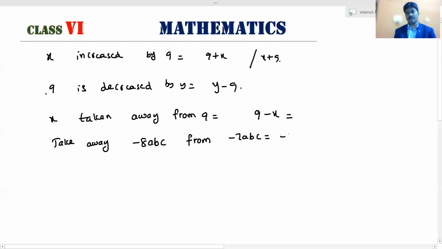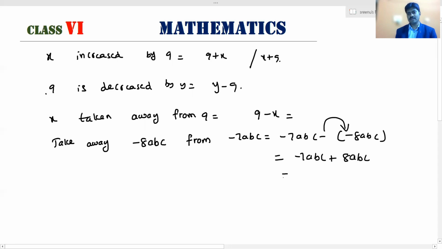That means minus 7ABC minus of minus 8ABC. Taking away means subtract. Minus 7ABC minus and minus becomes plus 8ABC. 8ABC minus 7ABC becomes 1ABC, which is equal to ABC.